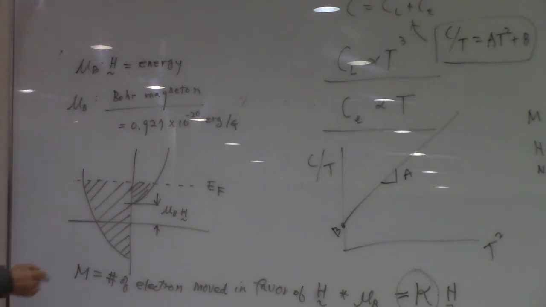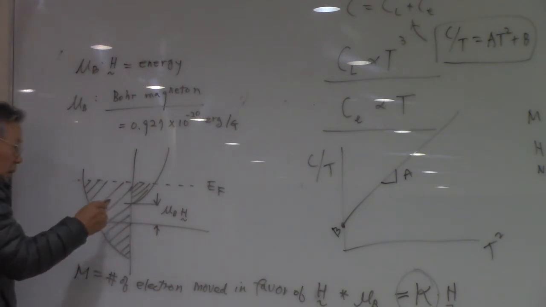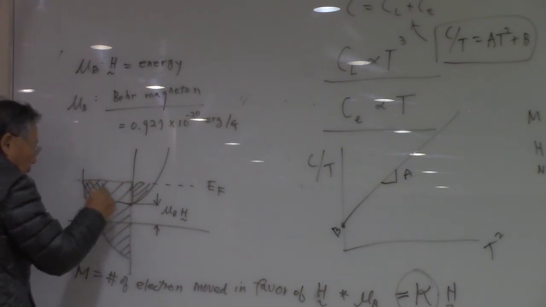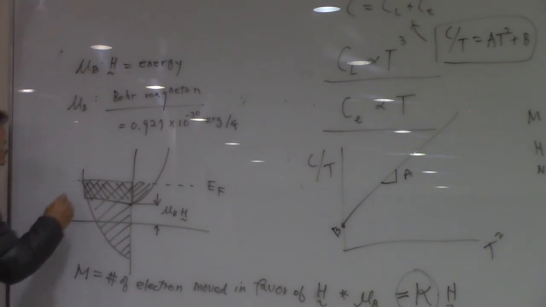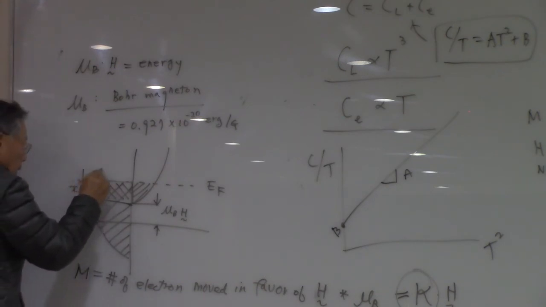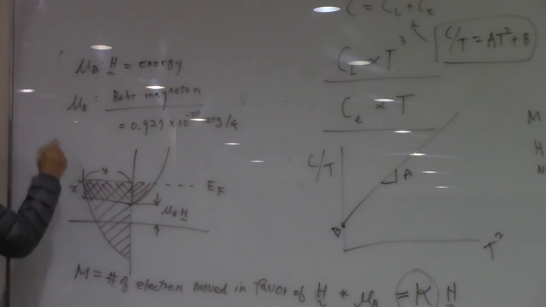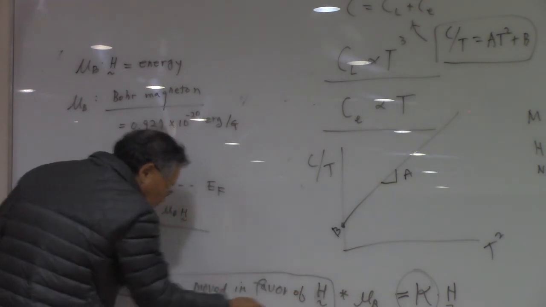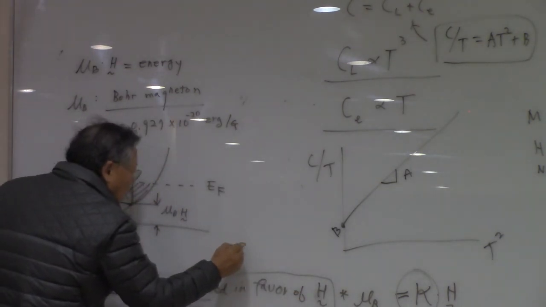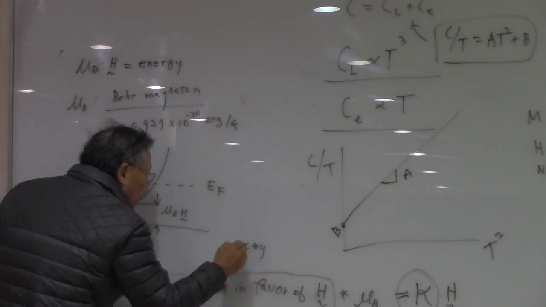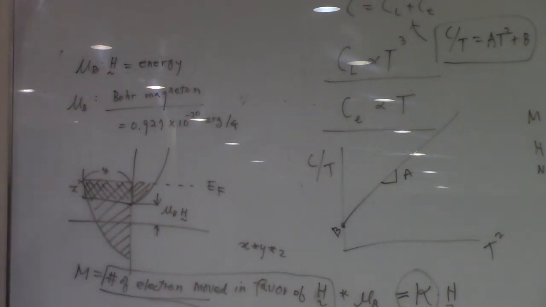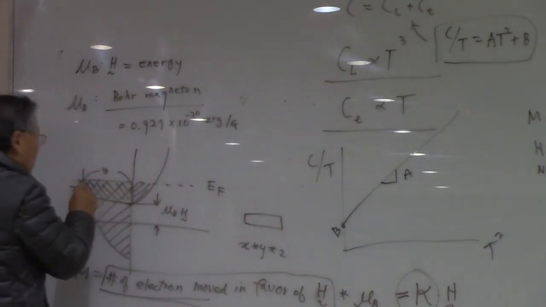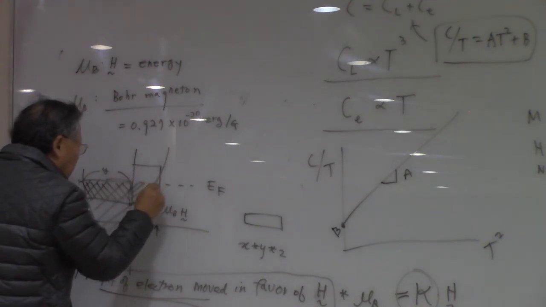All you have to do is just calculate the number, the areas corresponding to this. How can you get the number? You just multiply x and y. So the number of free electrons moved in favor of H is nothing but x times y times 2. Just a rectangle in this part and then in this part.